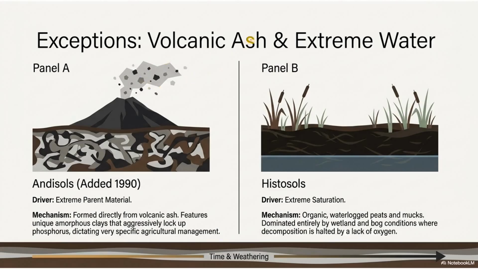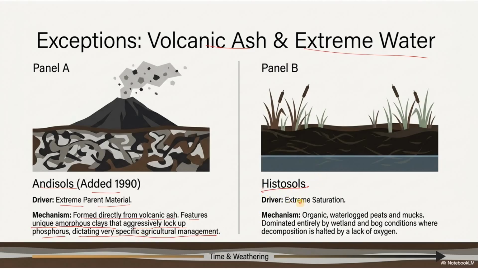Now let's see the volcanic ash and extreme weather. The Andisol, added in 1990, is the extreme parent material, formed directly from volcanic ash, featuring unique amorphous clays that aggressively lock off phosphorus and dictate very specific agricultural management.